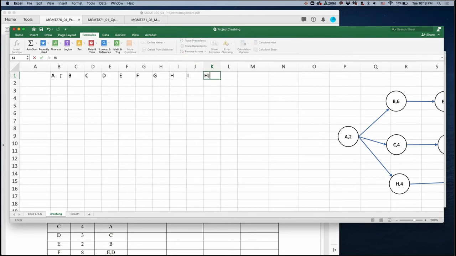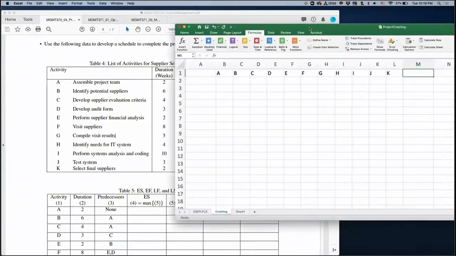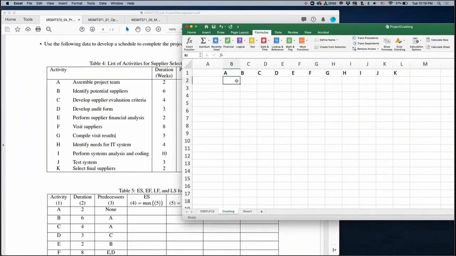So this is actually our original, and our crashing time, crash week. So you apply this crash week. Also, if you have crash week, you also have crash cost.